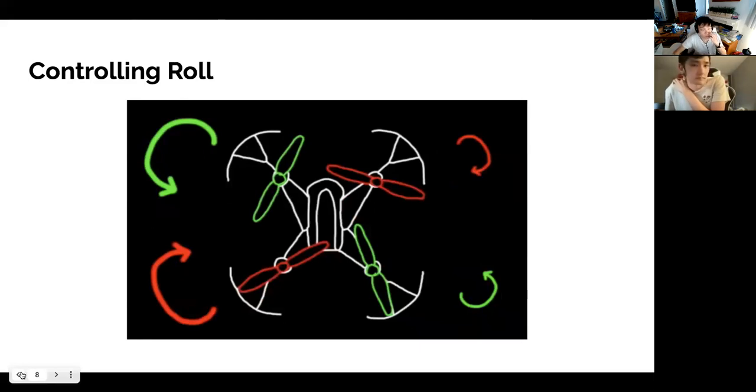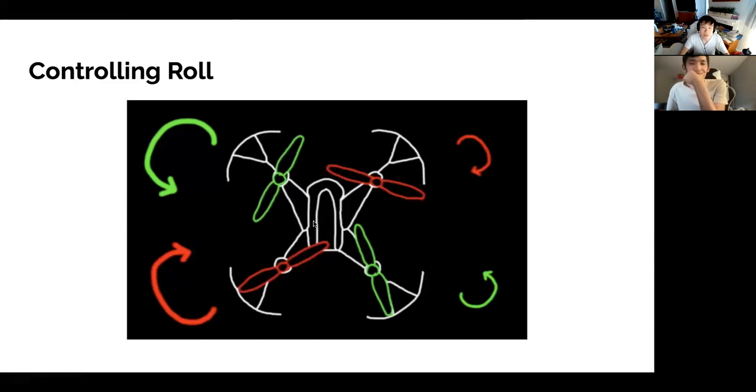And so that brings us to roll. Roll is tilting left and right if your quadcopter were facing forwards. In order to control roll, we employ a really similar principle. Since we don't want our quadcopter to spin, if you wanted to tilt such that the right side of your quadcopter dips and your left is raised, then you would want to increase the lift on the left side.